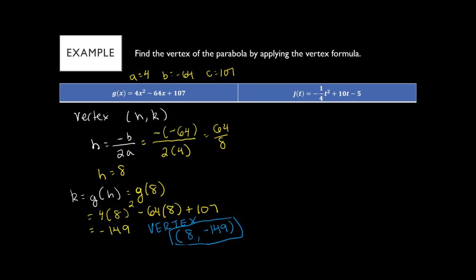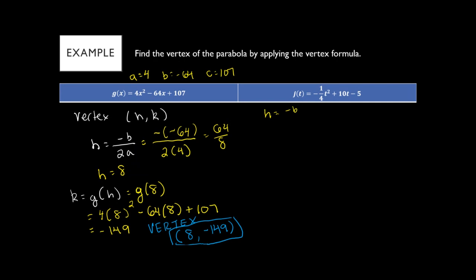Are there any questions so far? Okay. So let's look at the example on the right, and I picked this one because it does have a fraction in it. So let's start with we want to find the vertex.